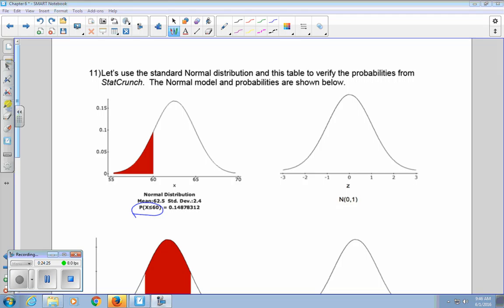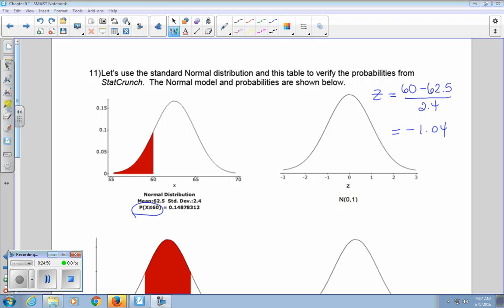So if we want to use a table to find out what's the probability of selecting a woman that's less than 60 inches, we need to first standardize that. Okay, so our value that we're interested in is 60 inches minus our mean over our standard deviation. And this comes out to be negative 1.04.